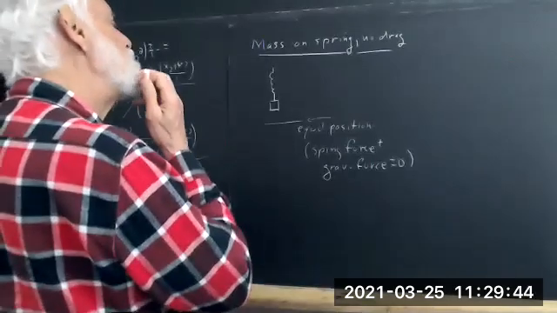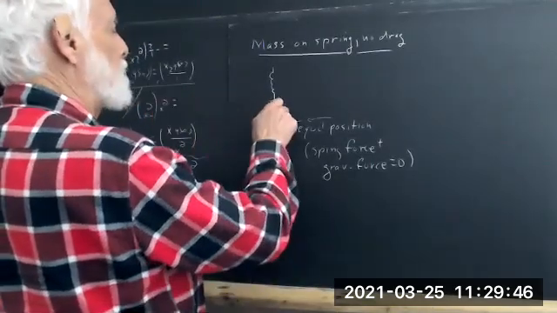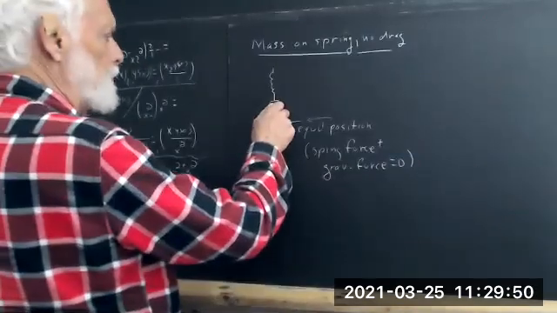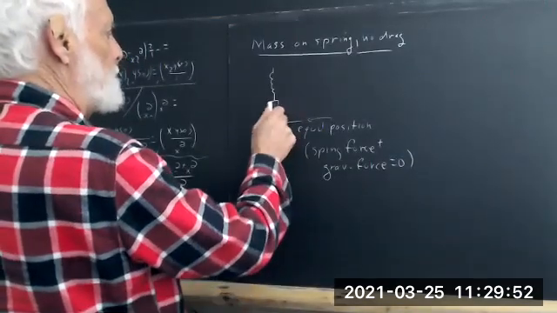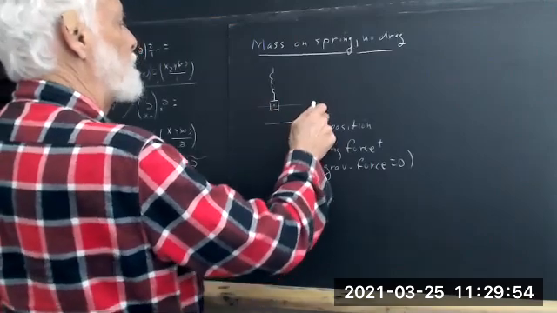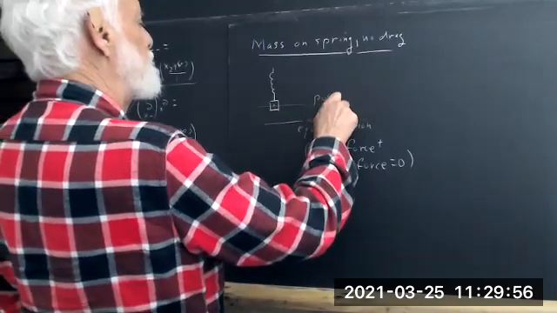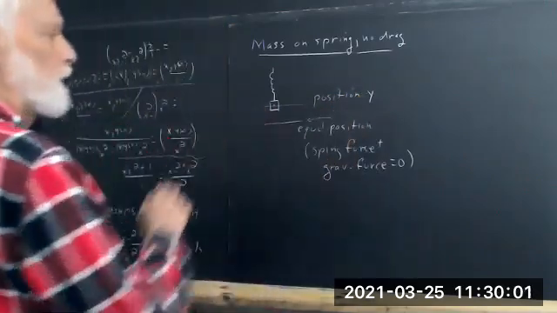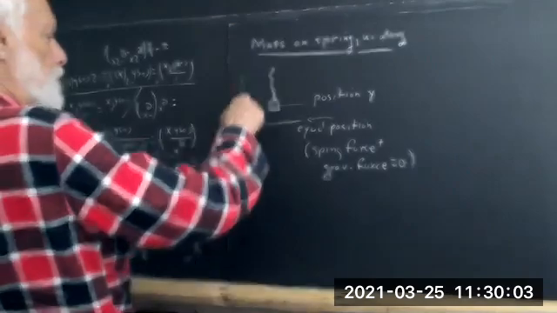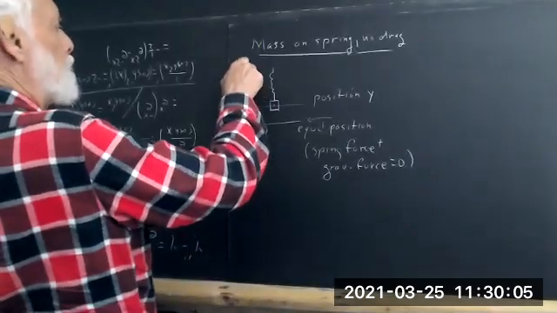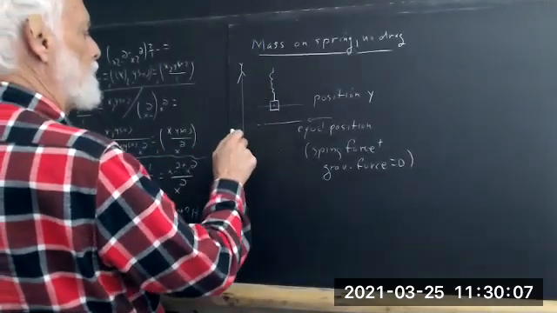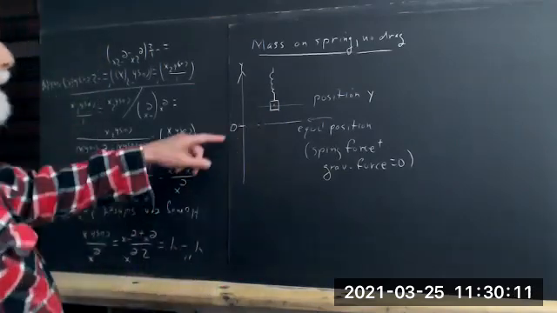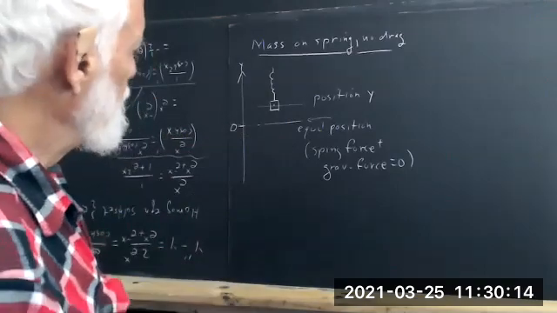You have the position; we'll go to the center of the mass here. Okay, disregarding this more or less as a point mass then. Here's your position y. And of course, then you're going to have a y-axis here with y equals 0 at the equilibrium position.